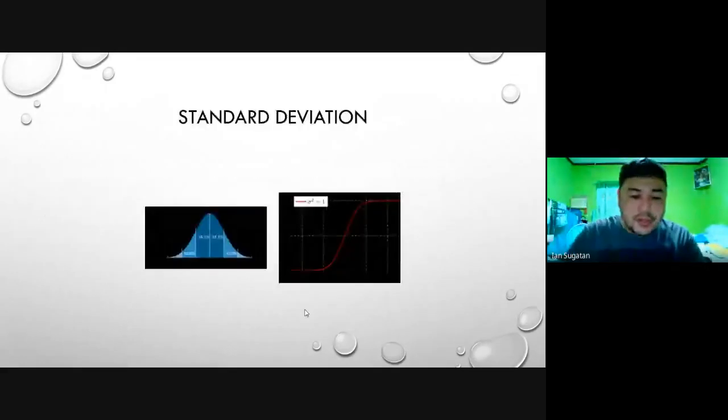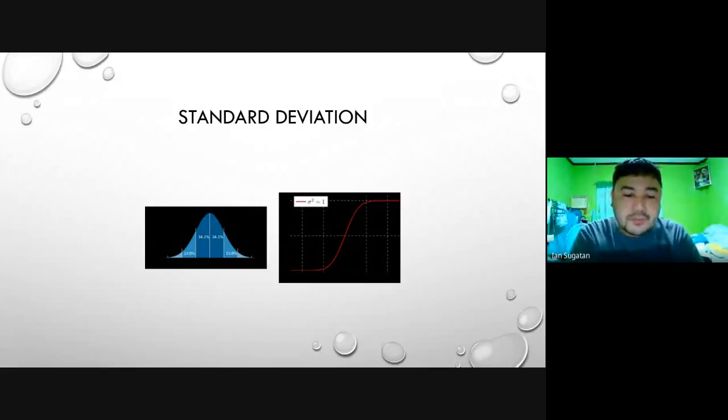So for standard deviation, this is the most common topic after variance because this is related to variance, okay? Standard deviation is just the measure of the amount of variation or the dispersion of the set of values. When we speak about dispersion, a low standard deviation indicates that the values tend to be close to the mean.